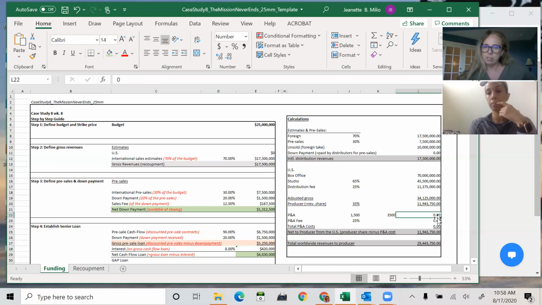So the P&A investor asks, how many screens are we going out to? Okay, we're going to 3,500 screens in the theaters. Per screen, they think they're going to spend $1,500. That's kind of what the assumption is, right? So if I have to pay $1,500 per screen and I have 3,500 screens, how much P&A would that be?